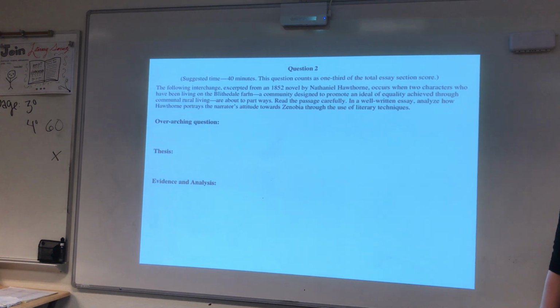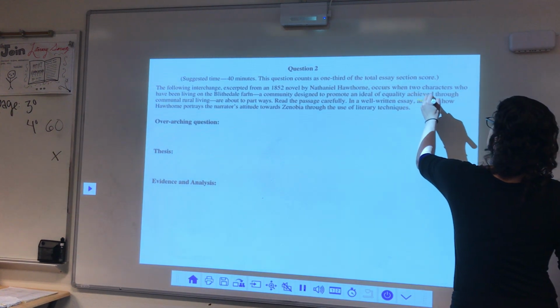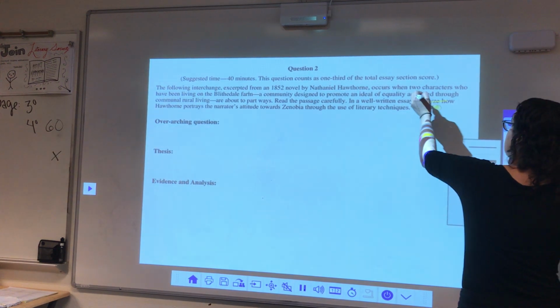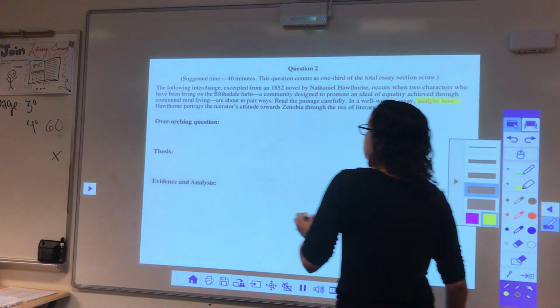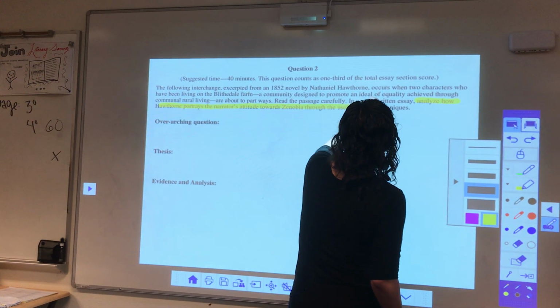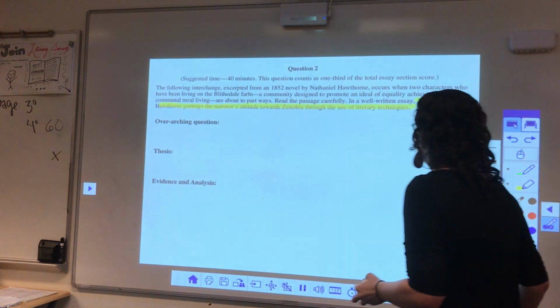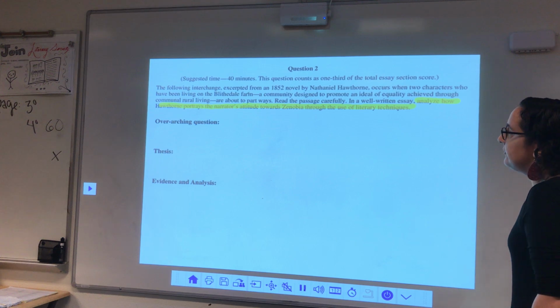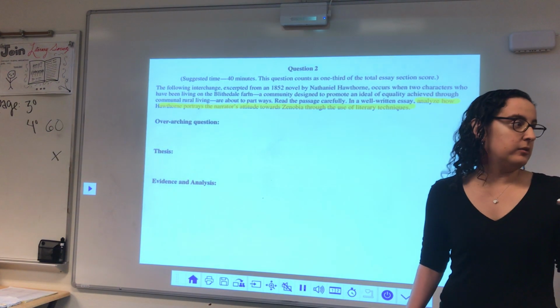Where it says, analyze how Hawthorne portrays the narrator's attitude towards Zenobia with the use of literary techniques. And it gives us a little bit of background information as well, right?